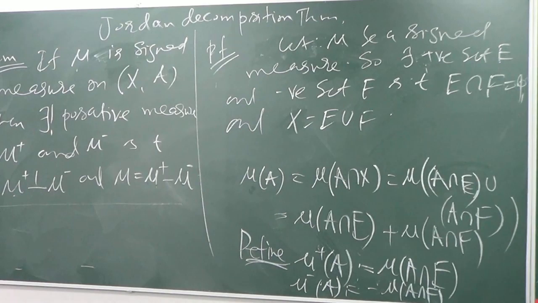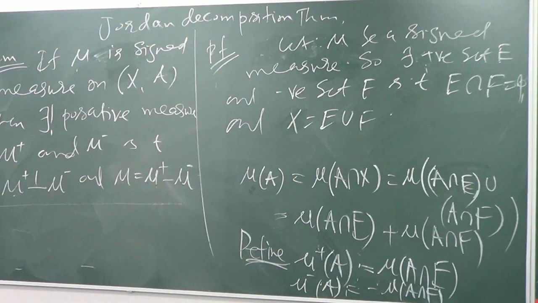Then I would say that mu minus' of A is less than or equal to mu minus' of F prime, but this is 0.